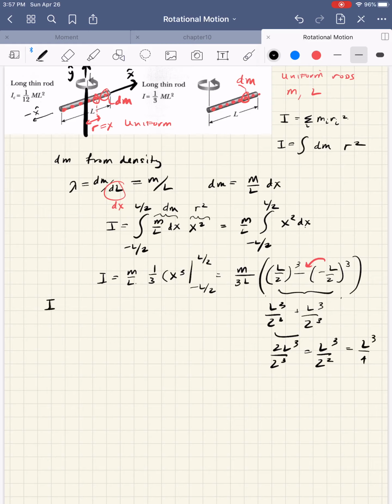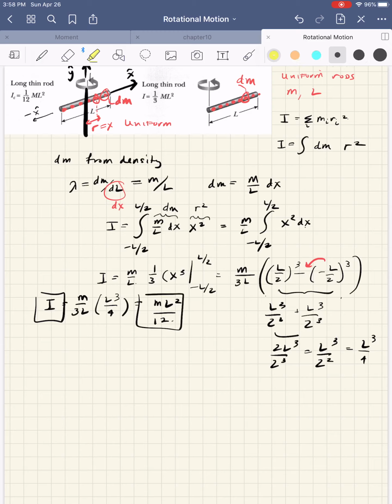So the moment of inertia then is m over 3L times L cubed over 4, which is mL squared over 12. And that's exactly what we see here. Woohoo.